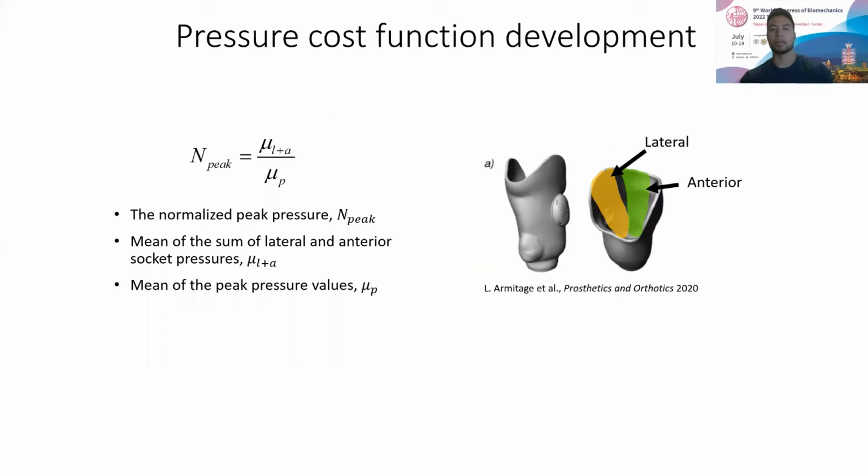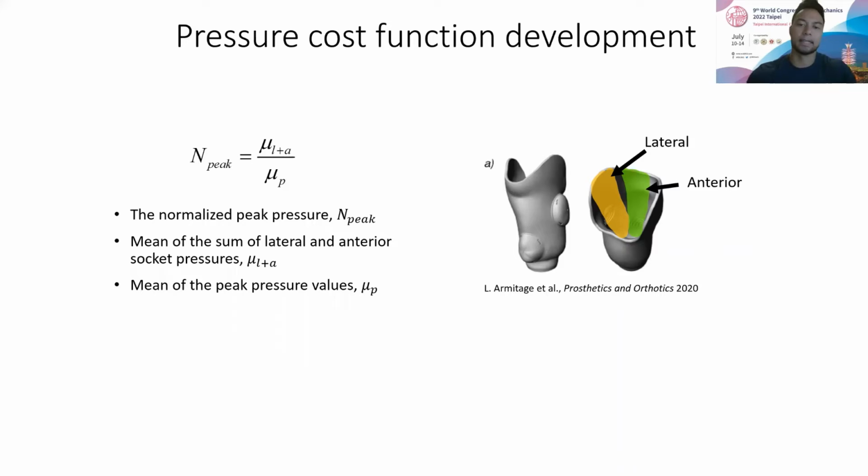For our pressure cost function development, we use this equation on the left-hand side, where the normalized peak pressure, denoted by N subscript peak, is equal to the mean of the sum of lateral and anterior socket pressures, which is mu subscript L plus A, divided by the mean of the peak pressure values.